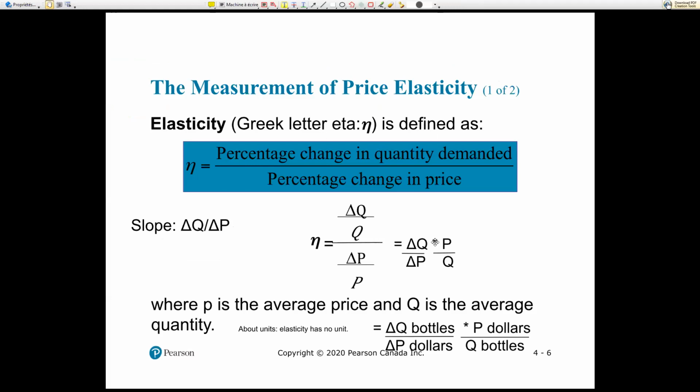Oh, that's multiplied. Okay, perfect. I was a bit confused. Thank you. So it's the variation of the quantity and the price multiplied by the price divided by the quantity. Yes. Perfect. Thank you.